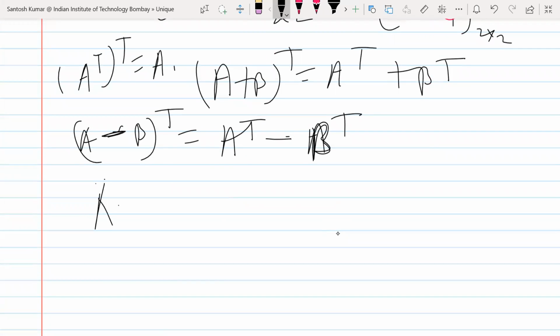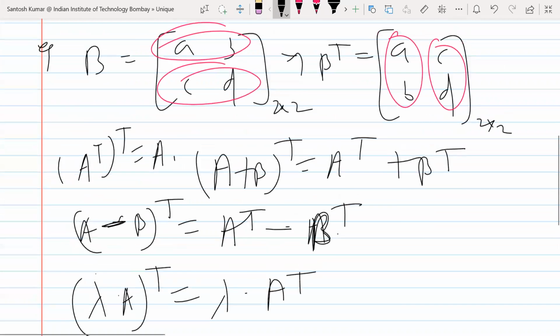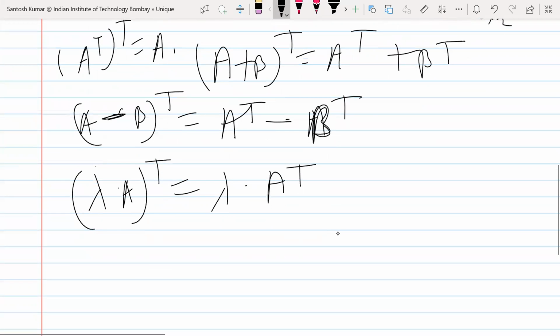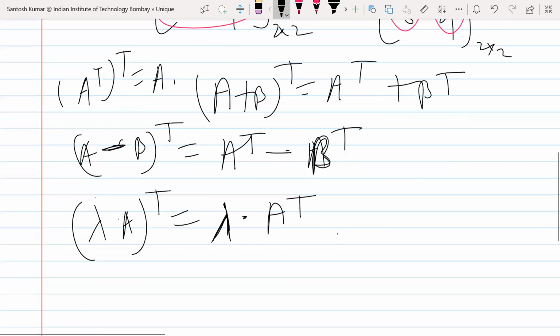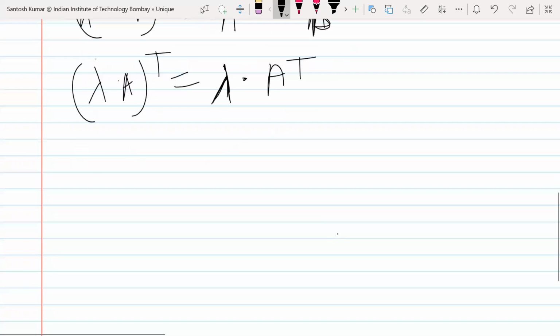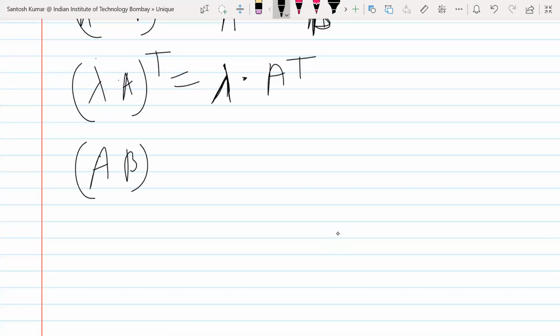Constant times, like lambda times A whole transpose, is lambda into A transpose. And after that, A into B whole transpose is B transpose into A transpose.